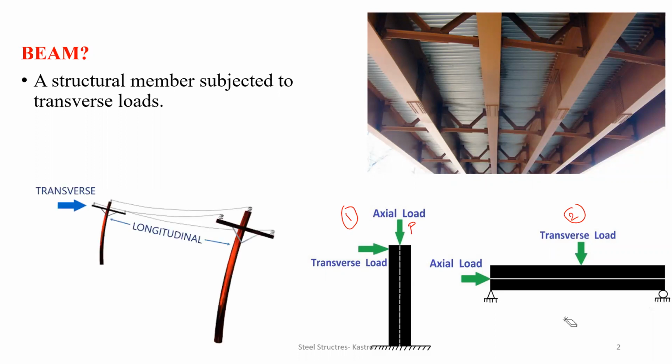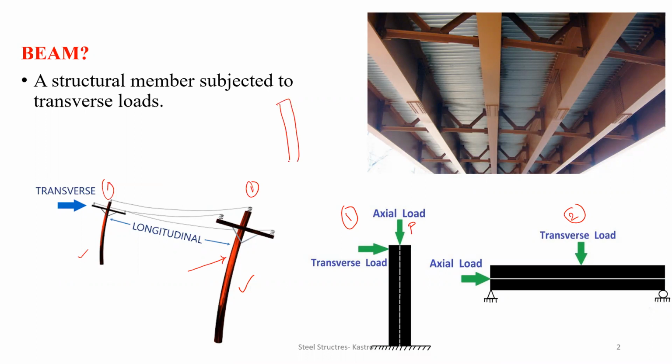Now, what happens when transverse loads are coming onto the members? Consider here you have an I section. This is an I section and this is also an I section. When transverse loads are coming perpendicular to the axis of the member, you can see the mode of deformation here.